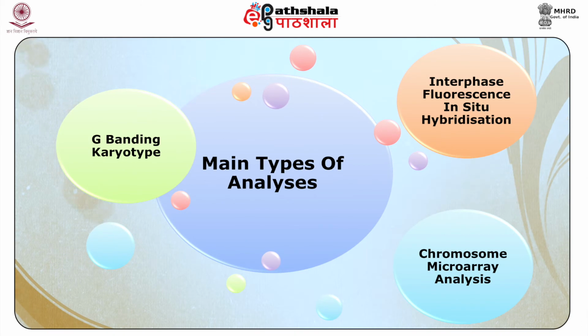Some examples of the main types of analysis performed in the laboratory are G-banding karyotype analysis, interphase fluorescence in situ hybridization, and chromosome microarray analysis.